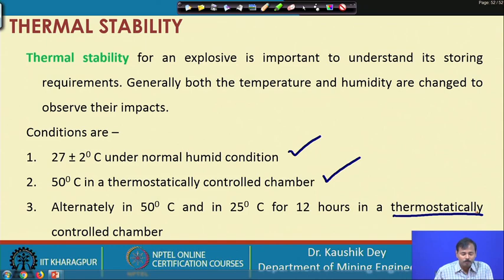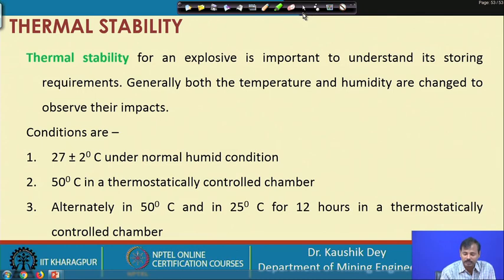So, that means the temperature is varied, 12 hours at 25 degree centigrade and 12 hours at 50 degree centigrade, and the explosive chemical is subjected to these thermostatic changes, and we see if there is any impact of the temperature on the explosive chemical or not.